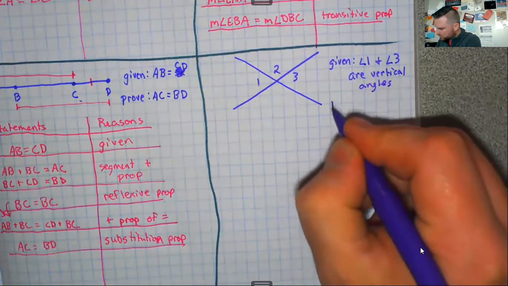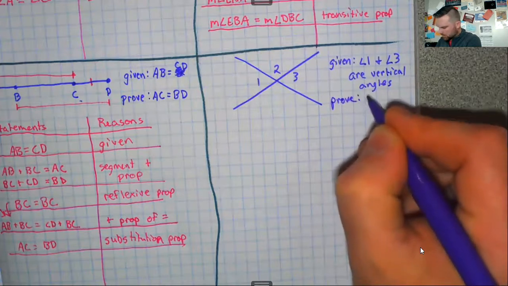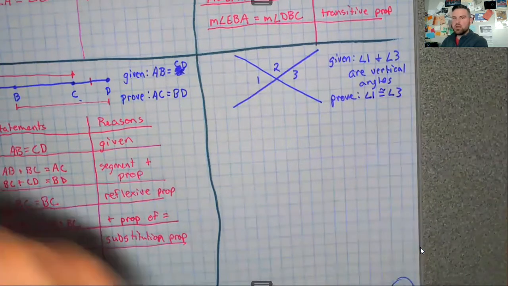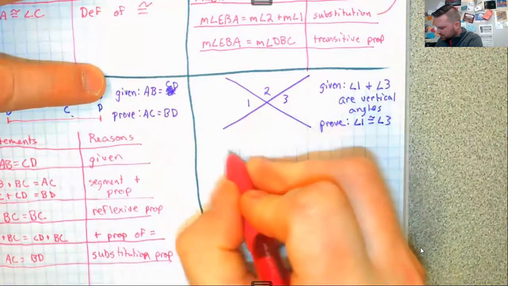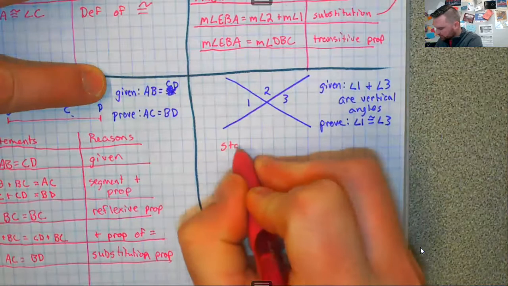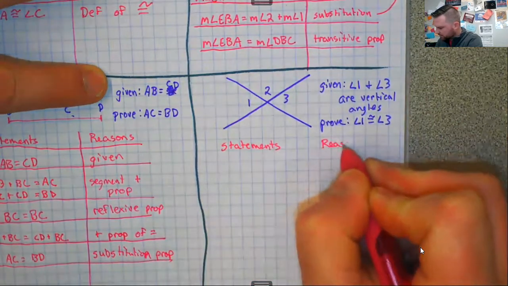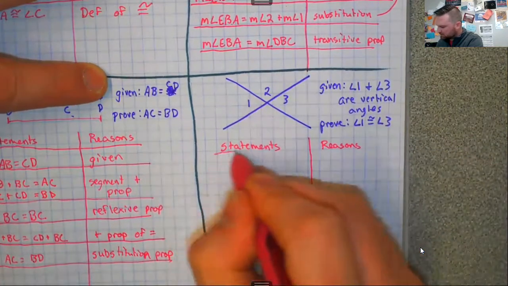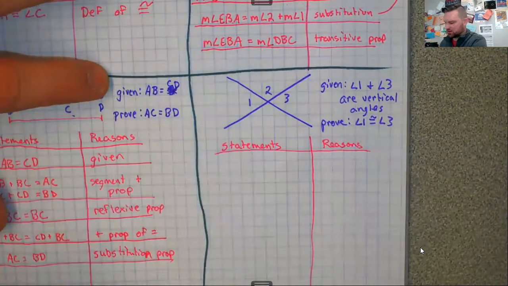Prove angle 1 is congruent to angle 3. Now we know vertical angles are congruent, but that's just because I told you they were. This is actually proving that they are. So in this case, we cannot use the reason that vertical angles are congruent, because that's what we're trying to look at.